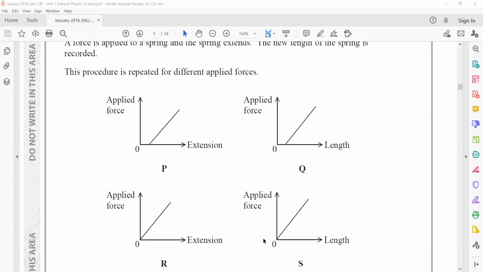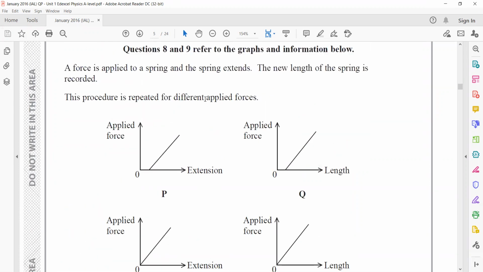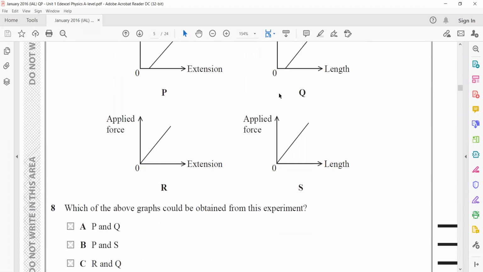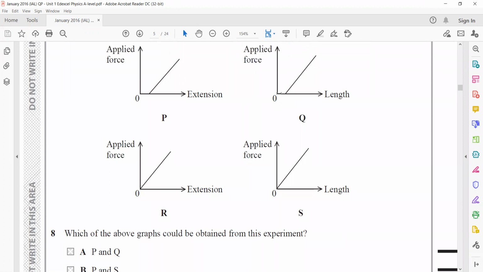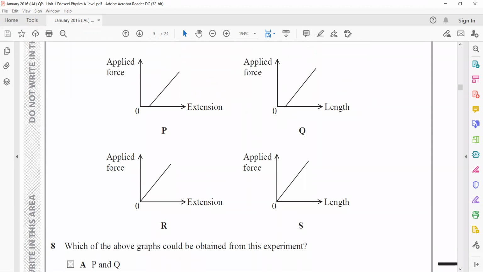Question 8 and 9. Which of the graphs could be obtained for this experiment? The experiment is that a force is applied to a spring and the spring is extended. The new length of the spring is recorded. So originally the spring will have some length and then it will stretch.